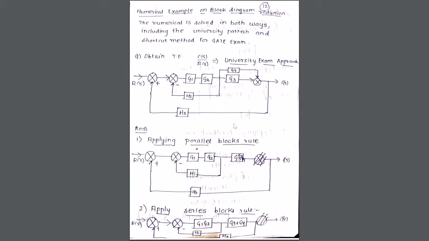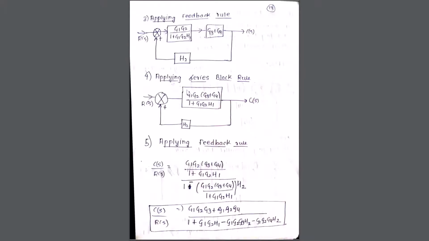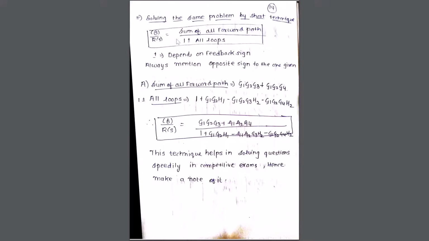So here from this diagram, you had G3 plus G4 coming up. Next, we are applying a series block rule in which we have G1 into G2. Moving forward, we have a feedback mechanism G1, G2, H1. Hence, we have G1, G2 upon 1 plus G1, G2, H1.